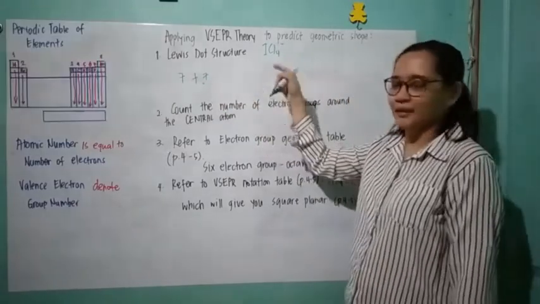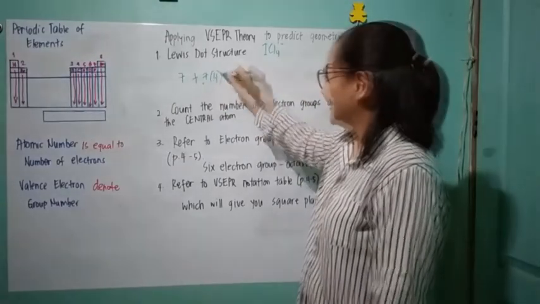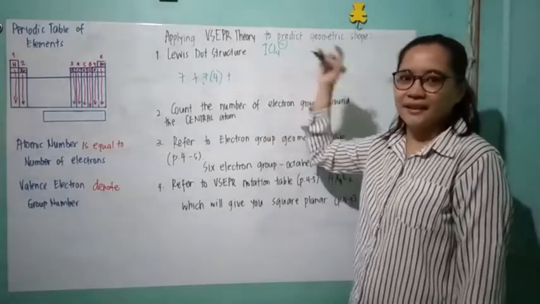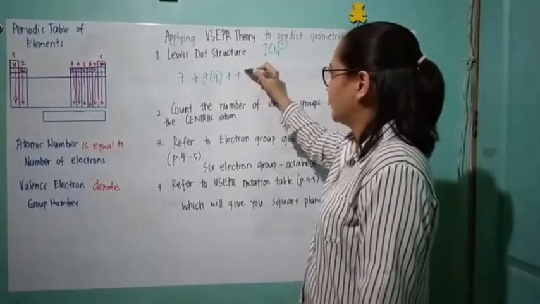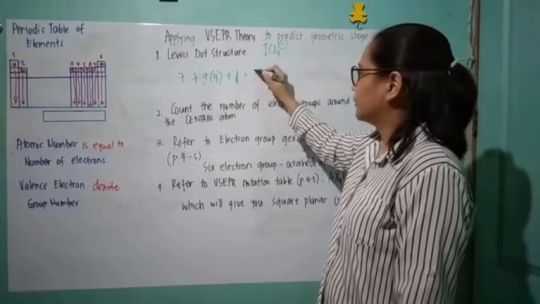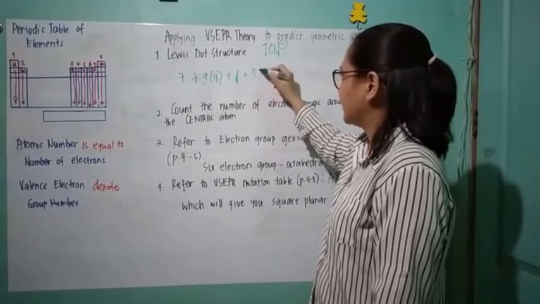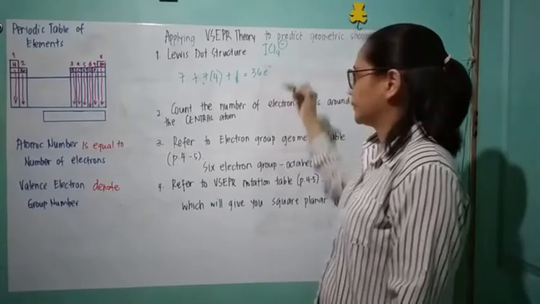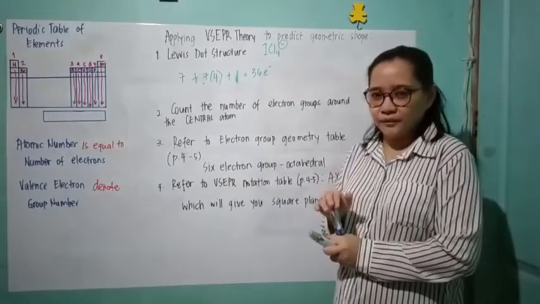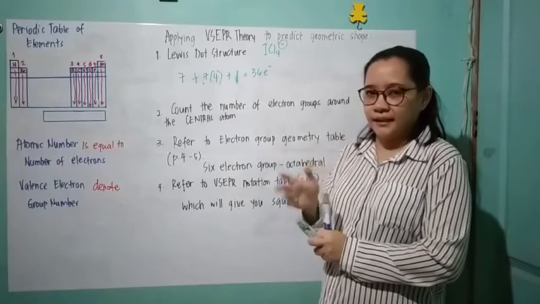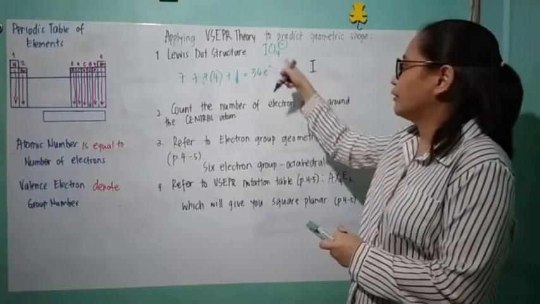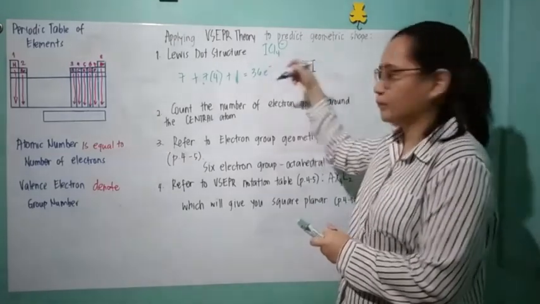You have 4 chlorine, so 7 times 4, plus the negative sign indicates another electron, plus 1, which will be equal to 36 electrons. I will be your central atom since it is a single atom.